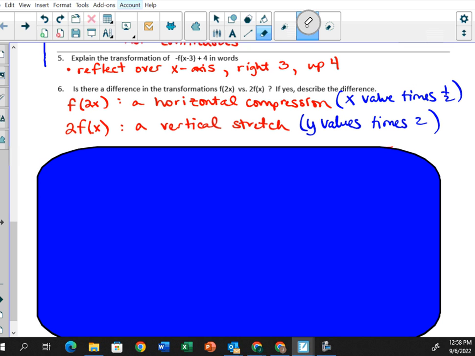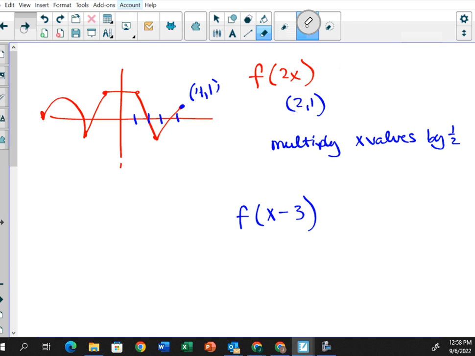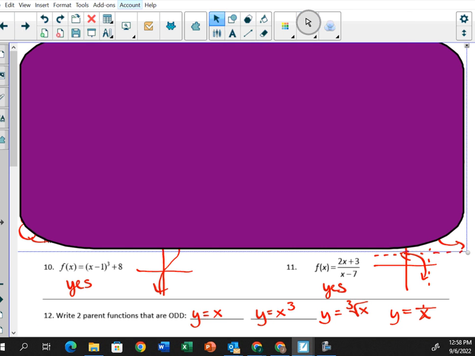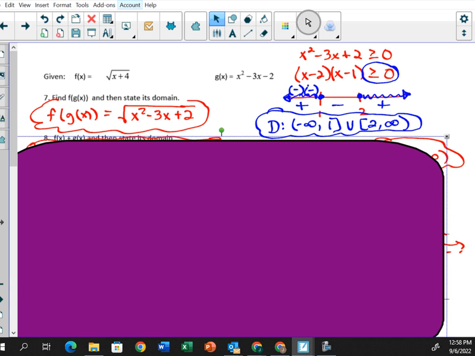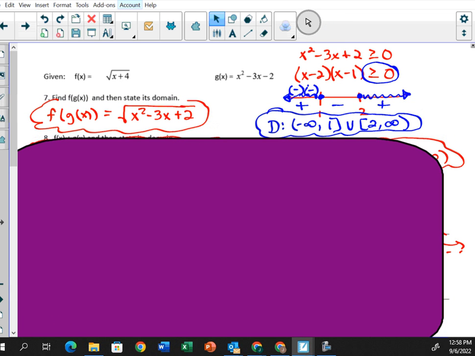All right, let's go to the back. The back of mine I know got kind of messy here. I'm guessing you were okay finding f of g of x, but maybe not so okay with the domain of that. Is that accurate? Yeah, okay.